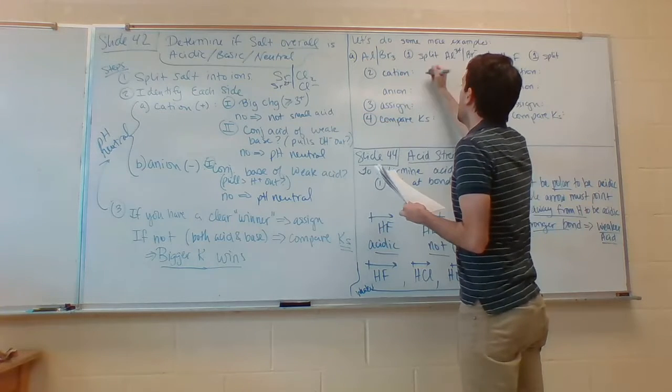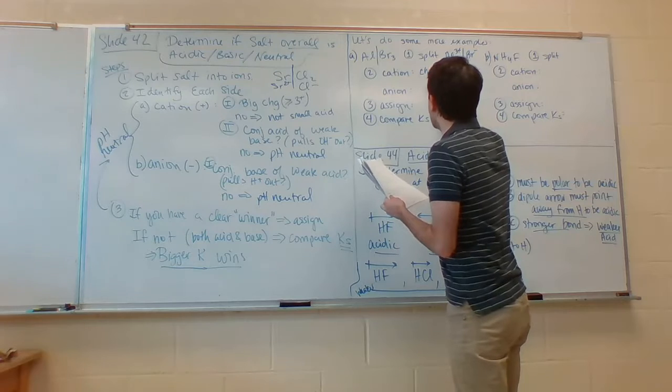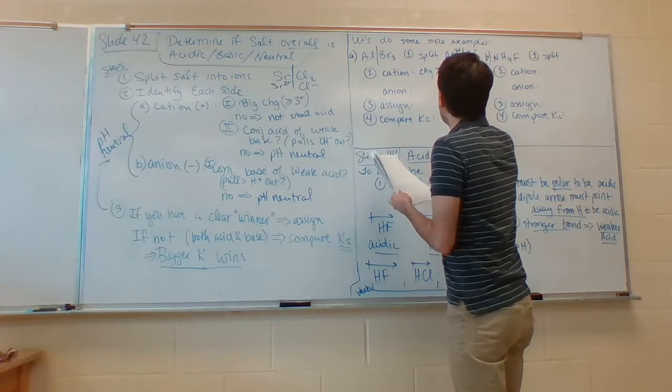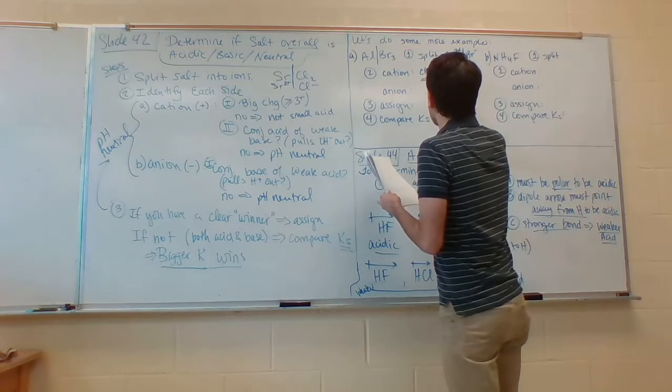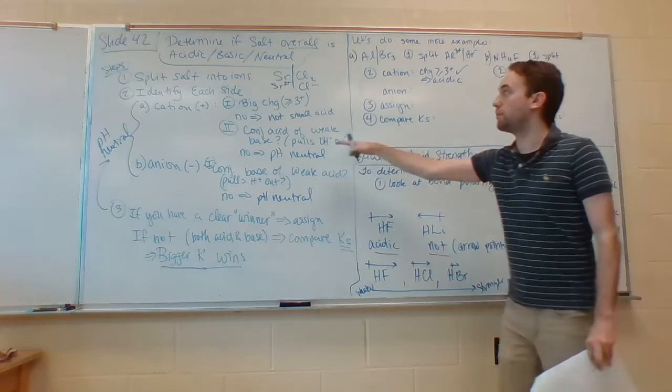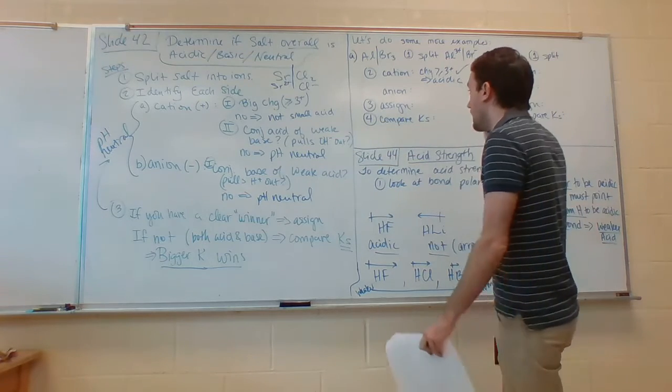And the answer is yes, right? So we know that we have a charge greater than or equal to 3+. So that means that it is acidic, okay? So we don't have to do the other step, right? Once we know that it's acidic, we don't have to do our second step.